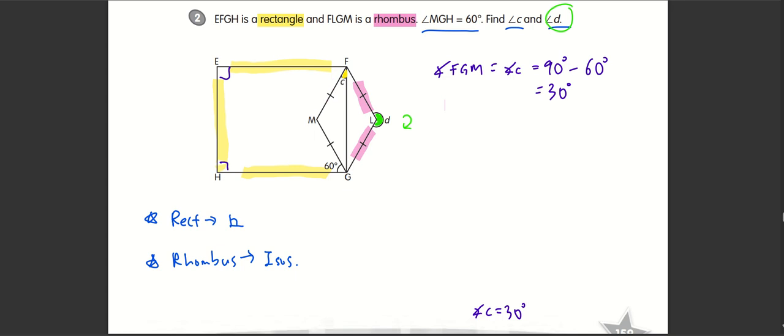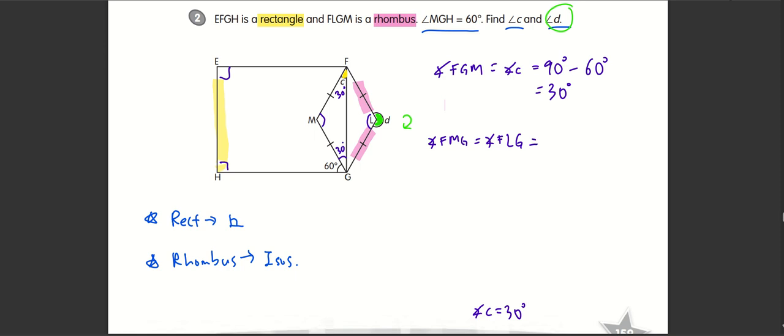Right, so I have already found angle C, which is 30 degrees. And because of the isosceles triangle, this is also 30 degrees. That brings me to be able to solve this angle here, and that angle is angle FMG, or you realize it's the same as FLG here, because the opposite angles of a rhombus are equal.